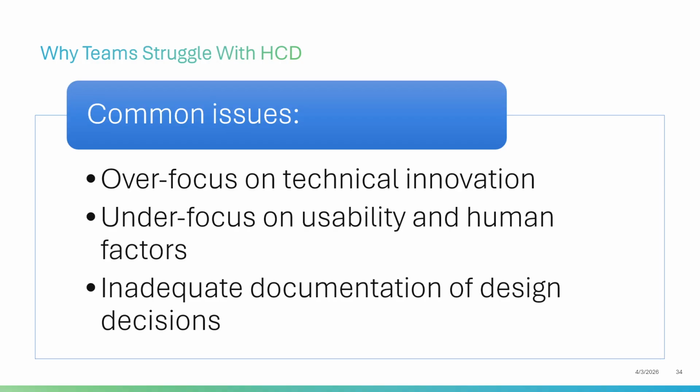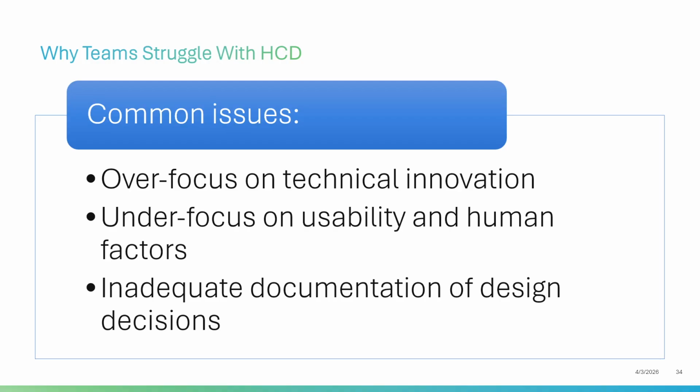Common issues that teams struggle with in human-centered design are that they are over-focused on the technical innovation and not focused enough on usability and human factors. Then you can have a fantastic tool, but you are not solving any problem, or the problem was understood by the user in a completely different way. Another thing is if we don't document the decisions, then you are going to be going back and making the same mistakes over and over.